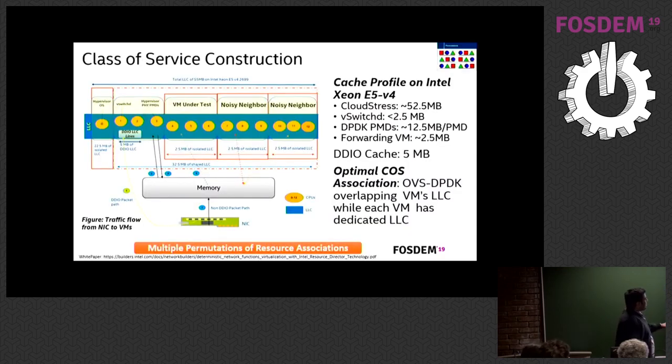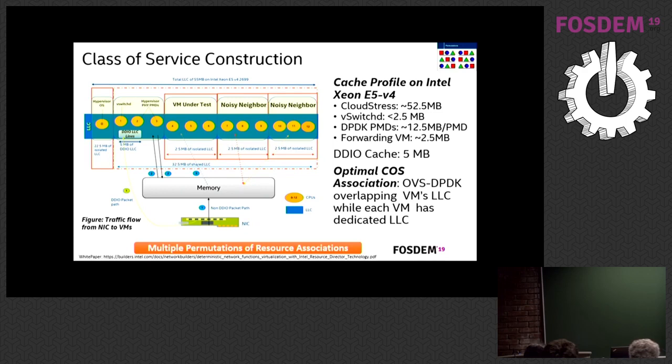So it's a busy slide and one of the important slides. Let's start from here. The first thing is constructing your cache profile. Under idle conditions, meaning there's no noisy neighbor and no other application, we first get the characteristics of the cache footprint of your application, like the VM under test, in this case testpmd. We see that when we're getting the maximum performance for that VM, the vSwitch daemon is using less than 2.5 MB.